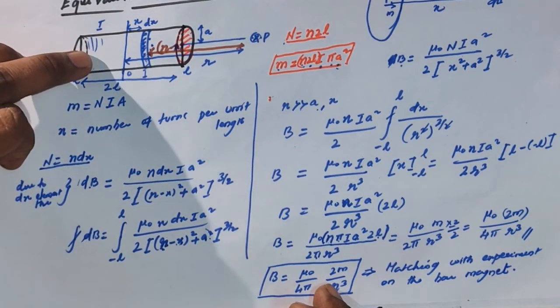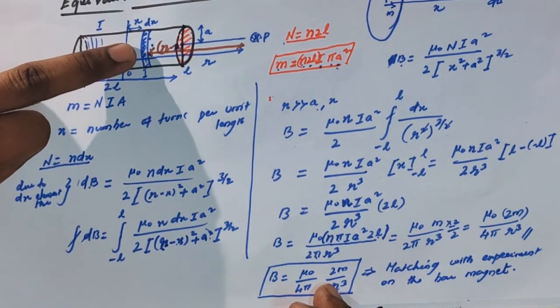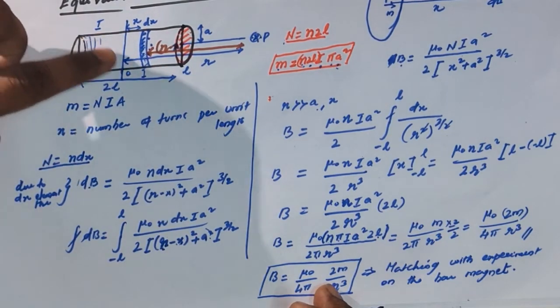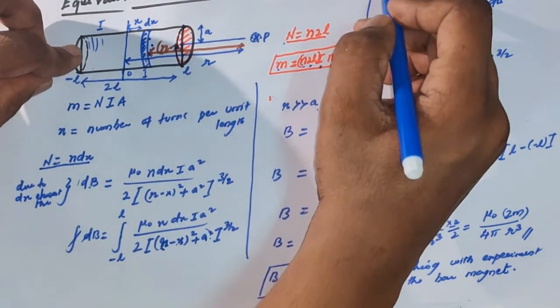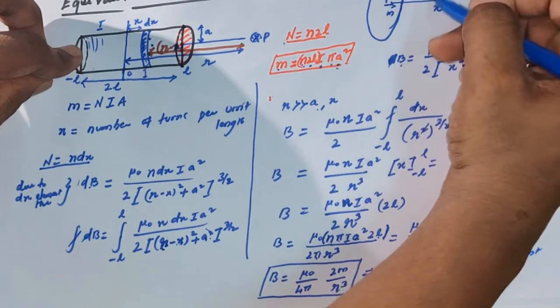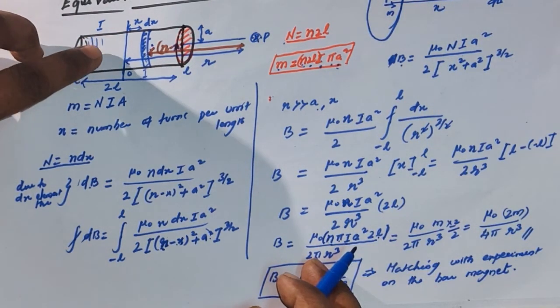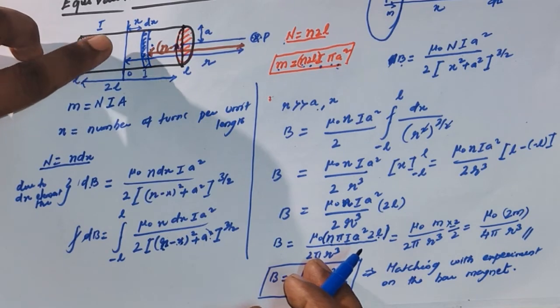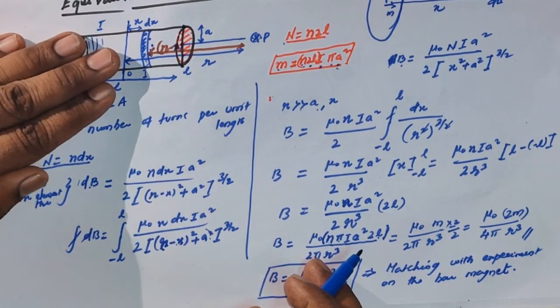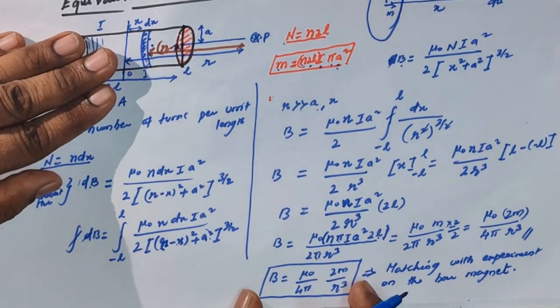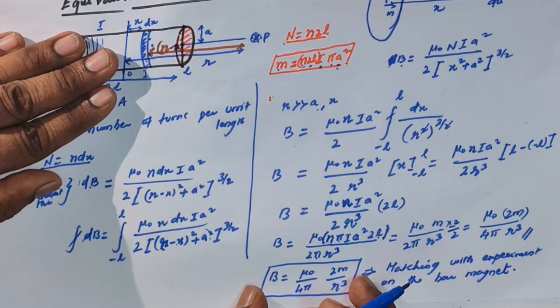Even in the solenoid case, the current is flowing in each and every turn. Suppose you take a single loop and make it n number of loops, in each loop the current is flowing. But in the bar magnet there is no actual current, and still the theory for the solenoid works for the bar magnetic field expressions.